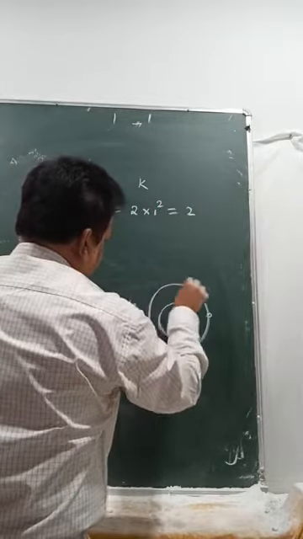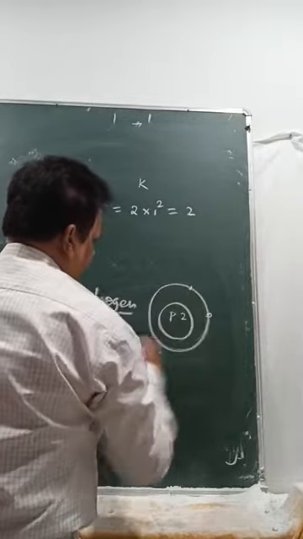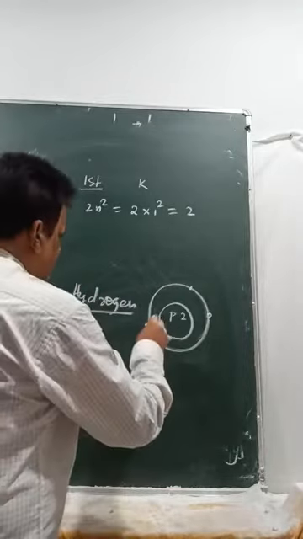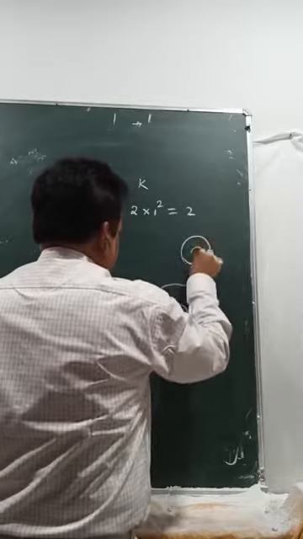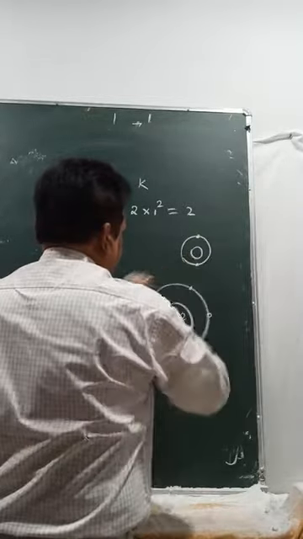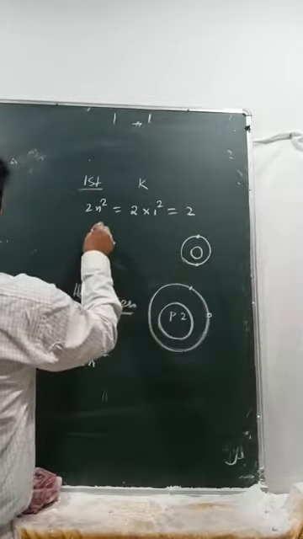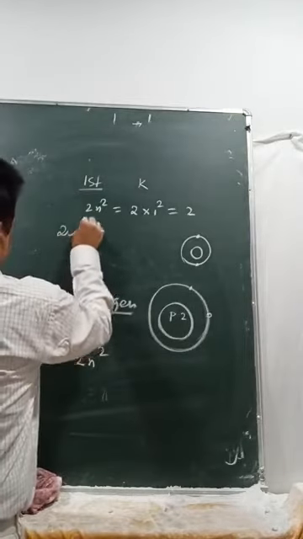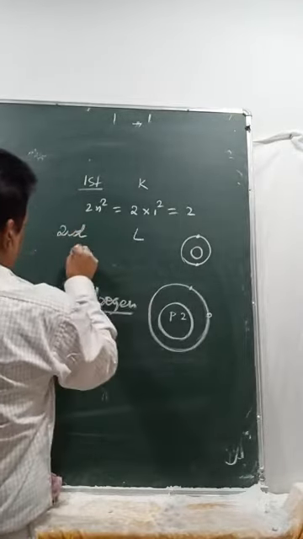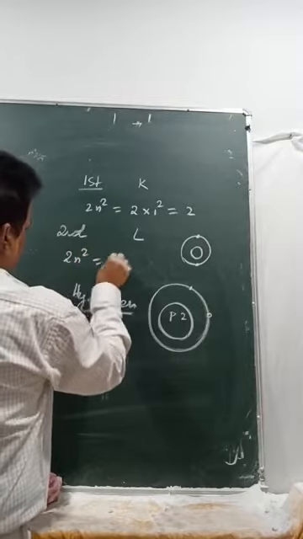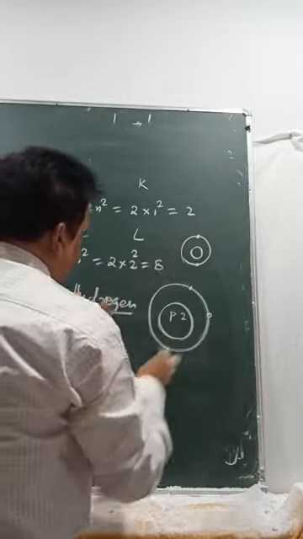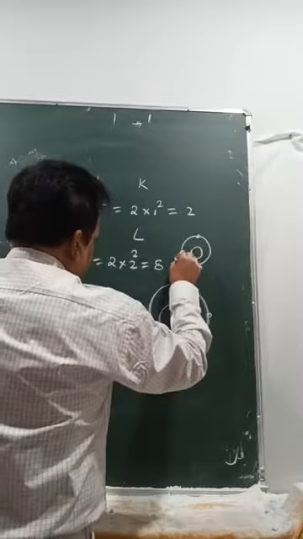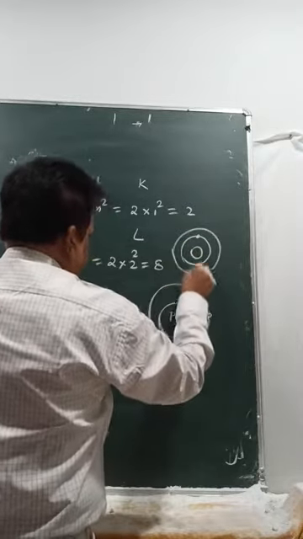That means in the first shell you can have 2 electrons. When you go to the second shell, that is L, it is 2 into 2 square, that is 8. So in the second shell you will have 8 electrons.